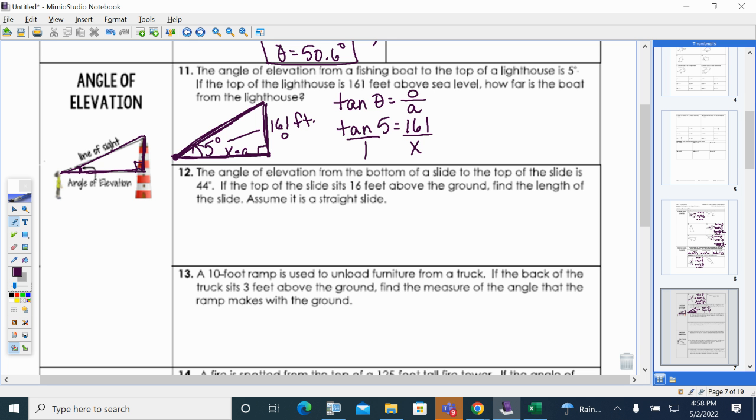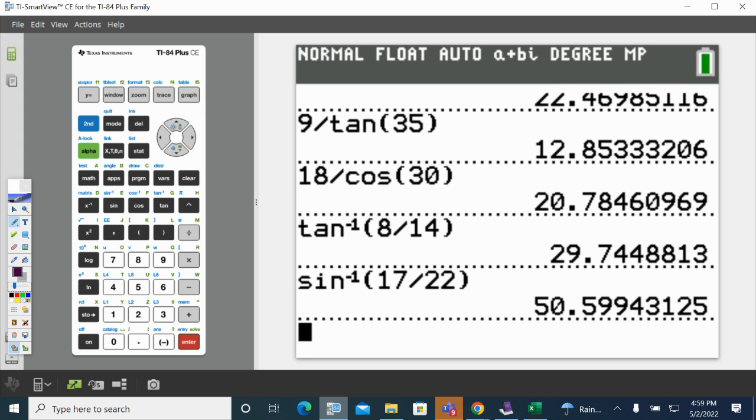Cross products, we're going to have x times the tangent of 5 is equal to 161, and then divide by the tangent of 5. So x is going to be 161 divided by the tangent of 5. 161 divided by the tangent of 5. I forgot the 1.